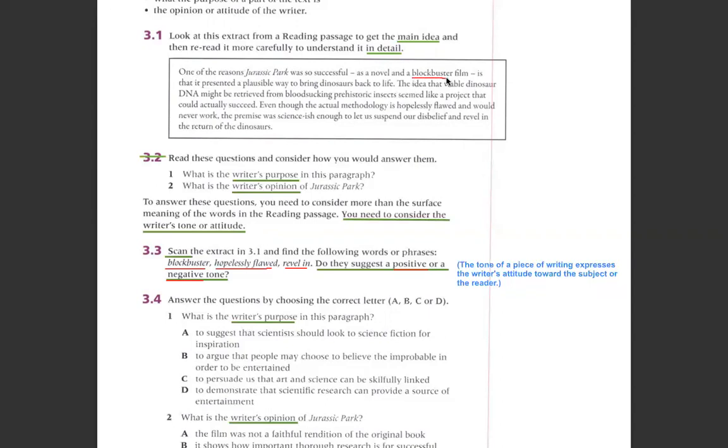So let's have a look. Here we have the word blockbuster, hopelessly flawed, and revel in. I'll give you some time. Read the sentence that these words are in and decide if they're positive or negative.